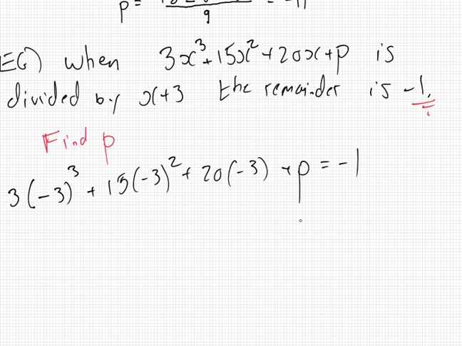Yes, you have that? Yep. So you get p equals minus 1 plus 60 minus 9 times 15 plus 81, I think. And what does this work out as?